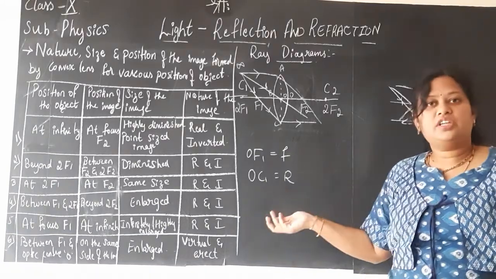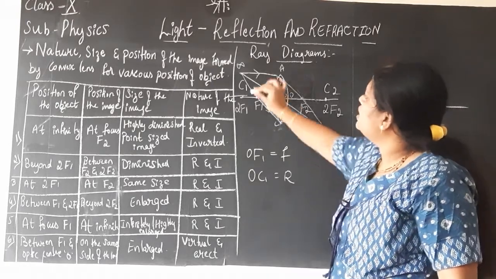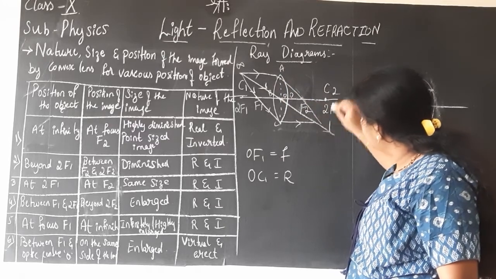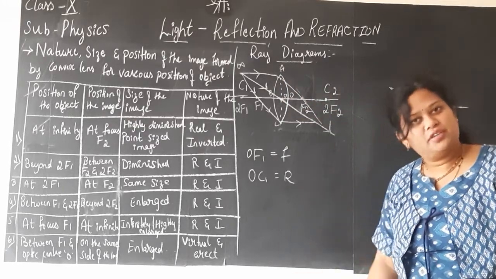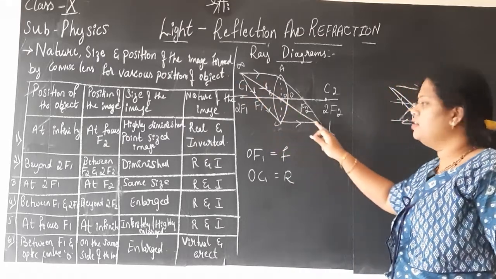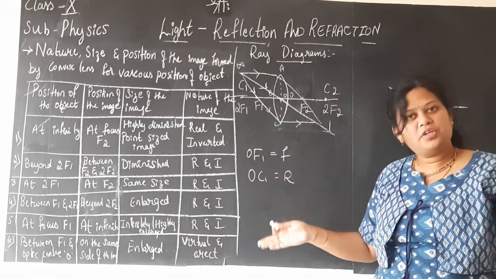But here no such limits, the ray of light is free to travel. So it will not retrace the path, but it will travel in a straight line without any deviation. A ray of light passing through the optic center of the lens will travel without any deviation.